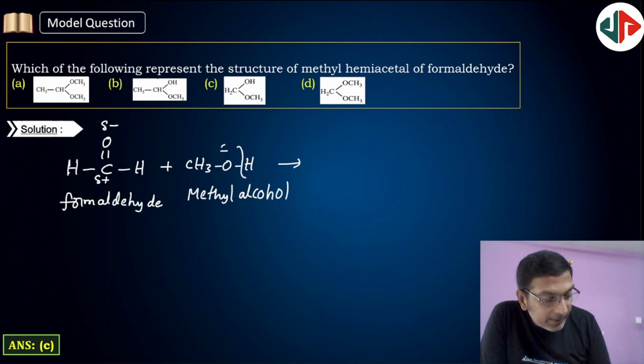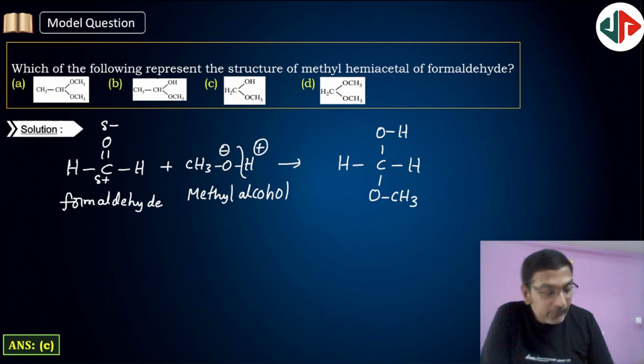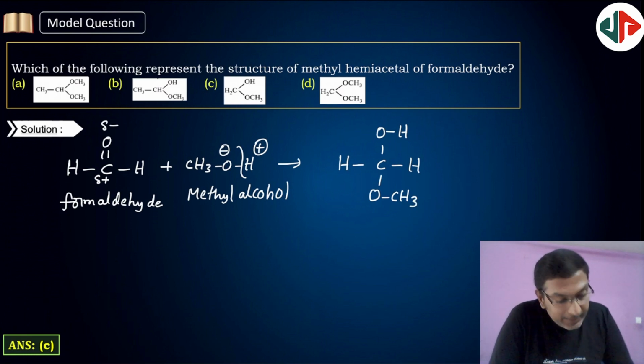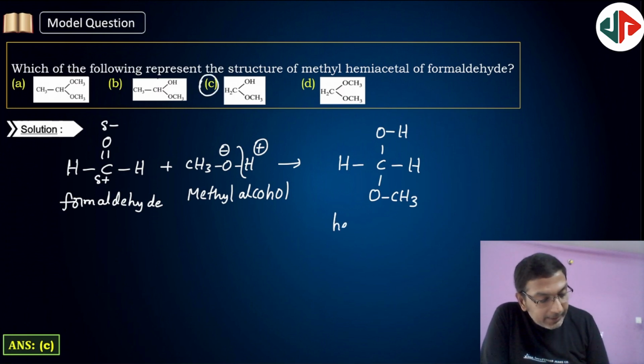Here this will be minus and plus. Add opposite charges. You get CH2(OH)(OCH3). Option C is hemiacetal.